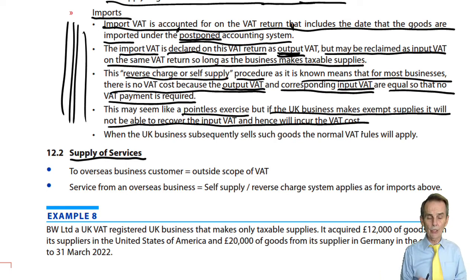And under this system, if we make an exempt supply, our net cost is £12,000.